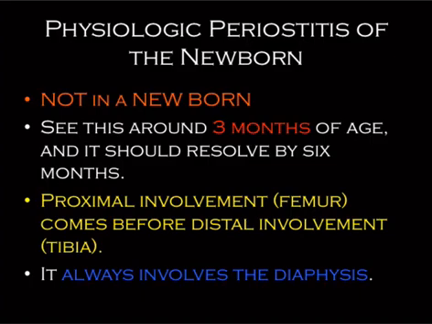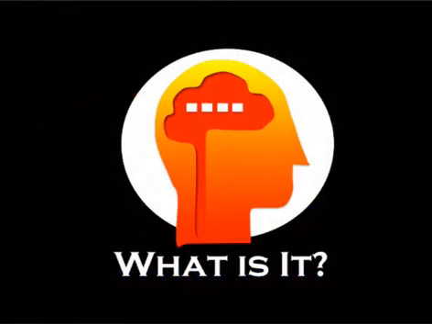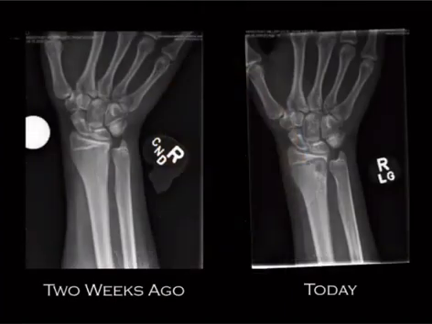The proximal involvement, like the femur, is supposed to come before the distal involvement. You should not see it in the tibia before the femur. And it always involves the diaphysis of the bone. All right. So yeah, don't call it this in a 1-month-old when they've actually got child abuse. 3 months. All right, next case.